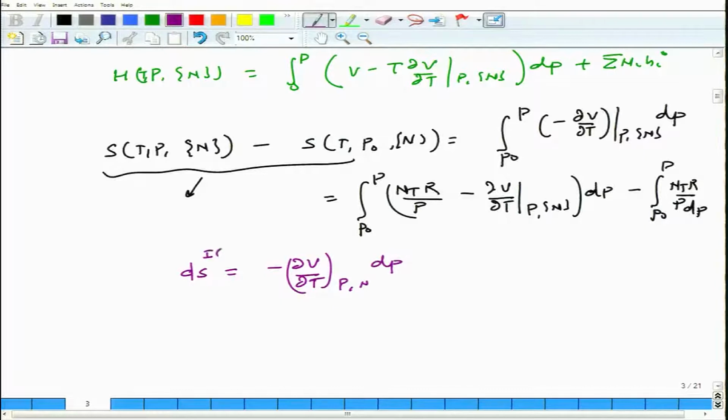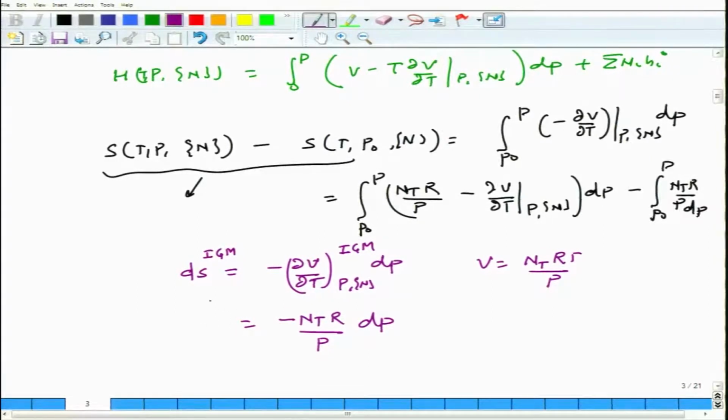Now, for an ideal gas mixture, the equation of state lets us replace V by nRT over P. So, when you differentiate with T, you get nothing but minus nR by P, dP. All right.